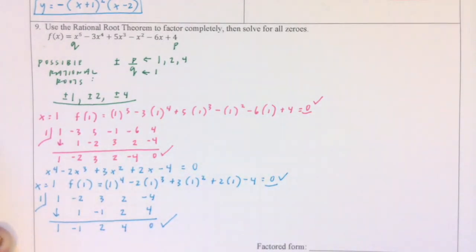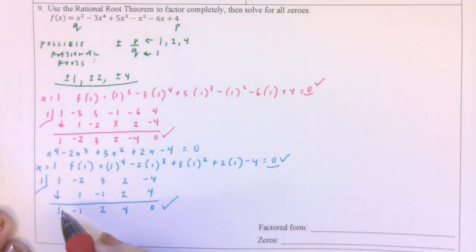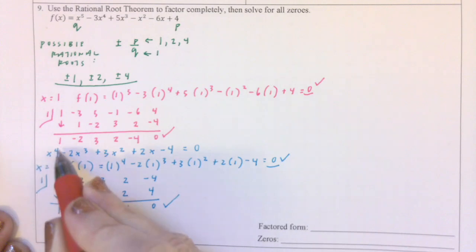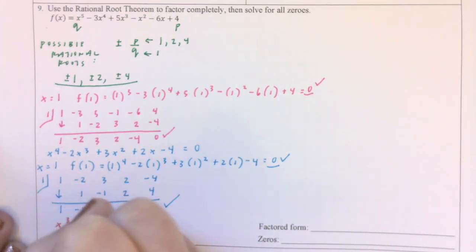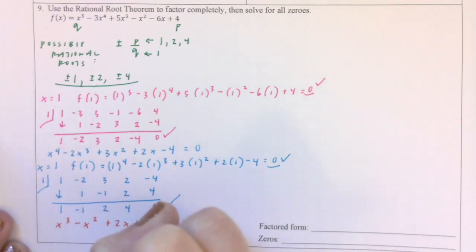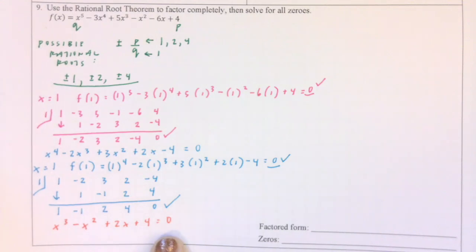And now what is it that I have left over? So now, since I divided out a solution, and I was starting with something quartic, now I have something cubic. So I have x to the 3rd minus x squared plus 2x plus 4 equals 0. And I cannot factor that yet.